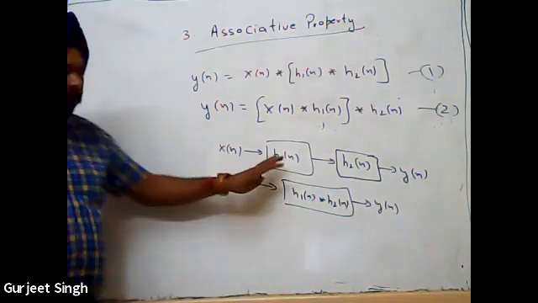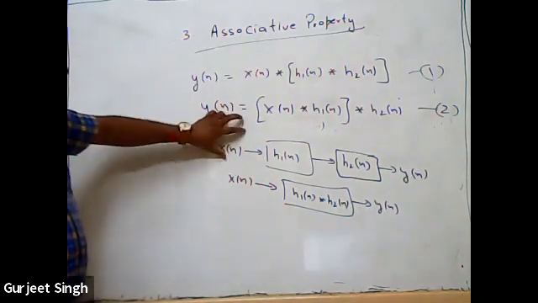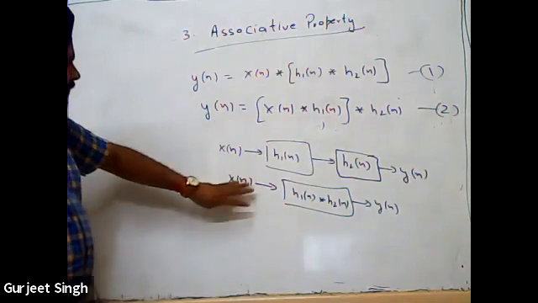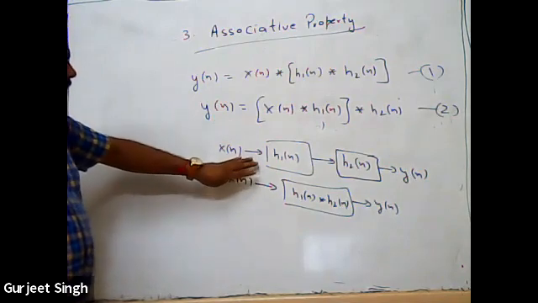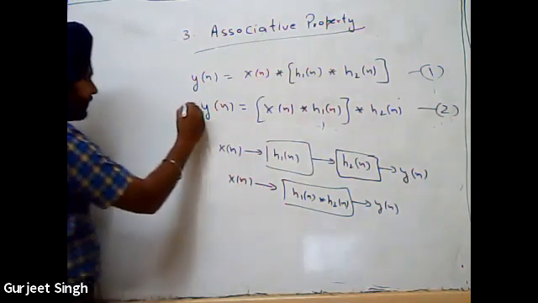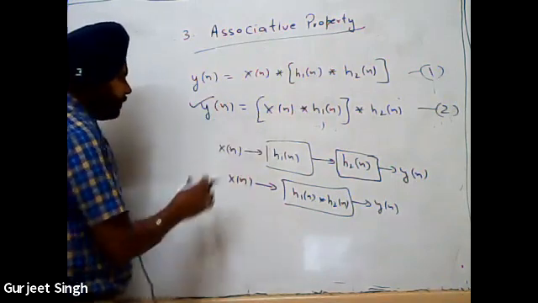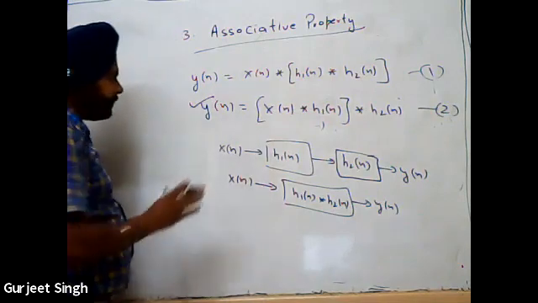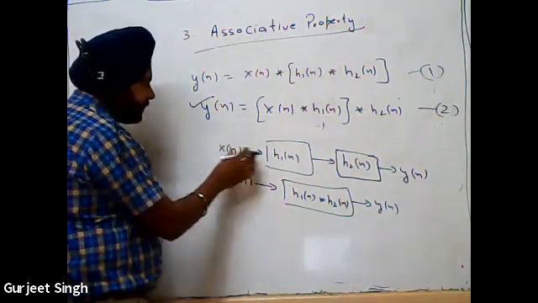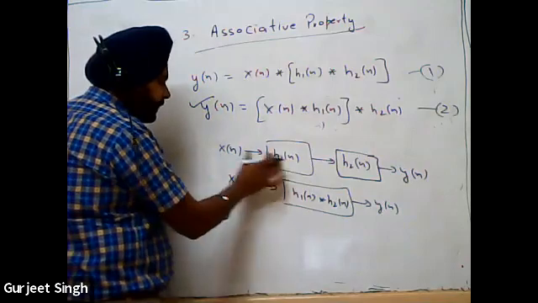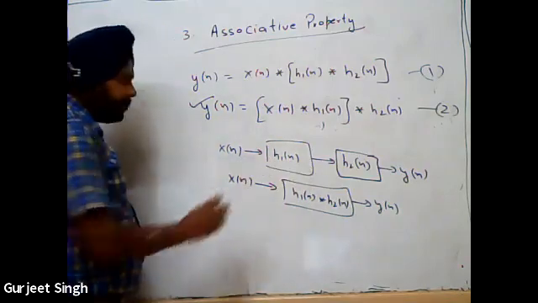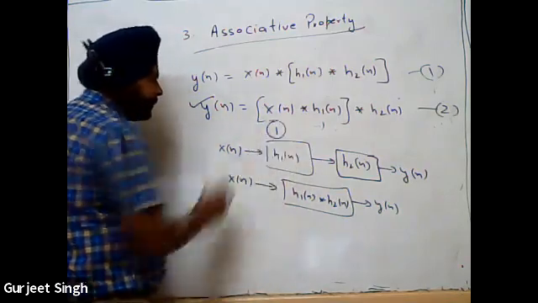According to this associative property, what is its meaning? First listen to equation number 2. According to equation number 2, we have x[n]. First we take the convolution with h1[n], which means we apply one system here.